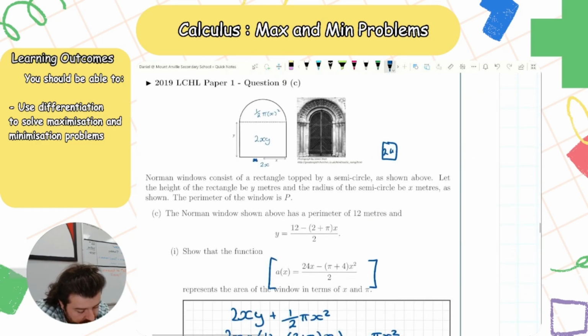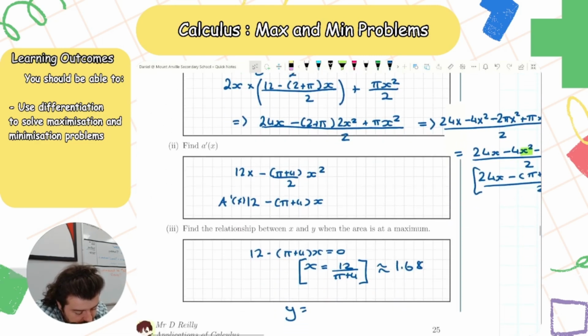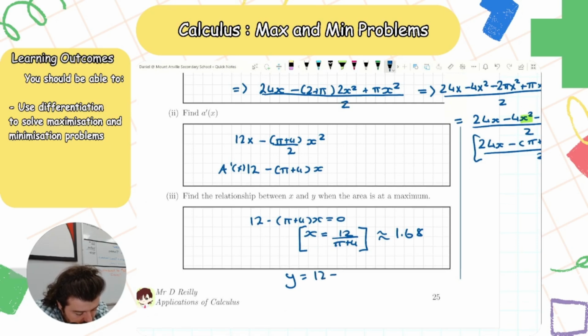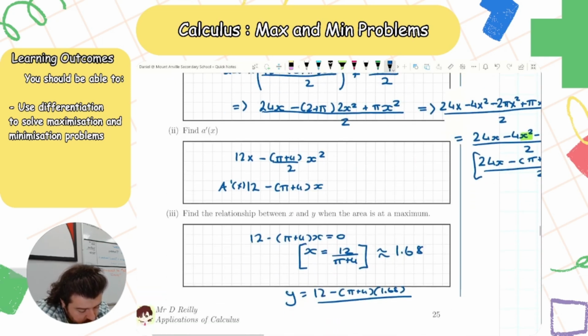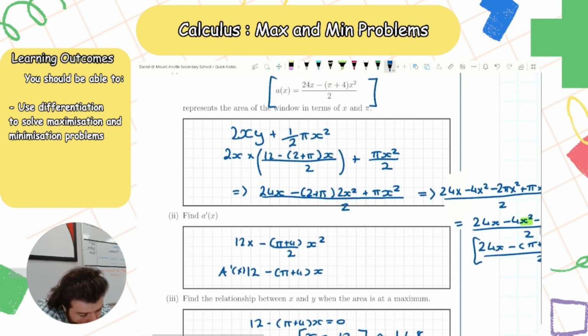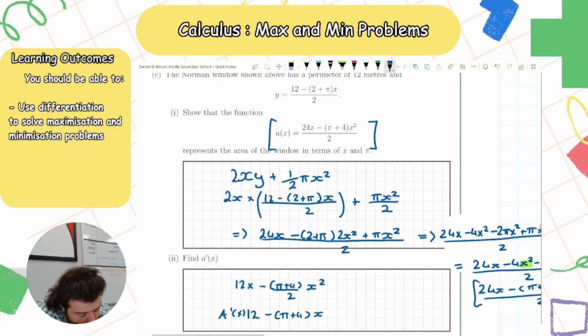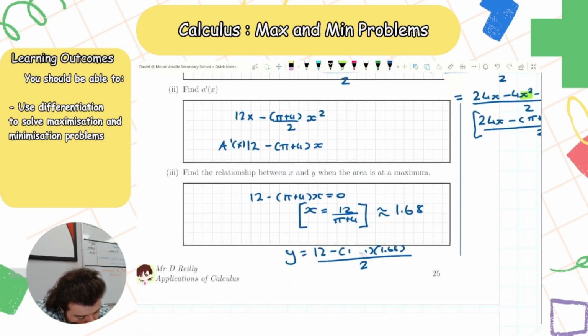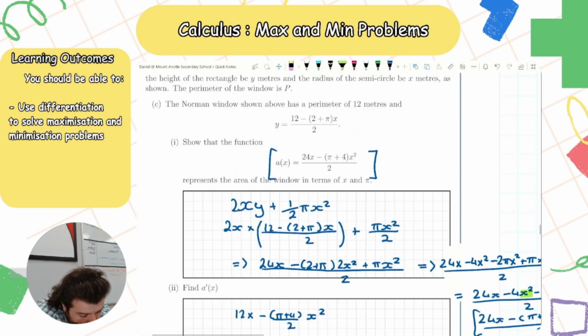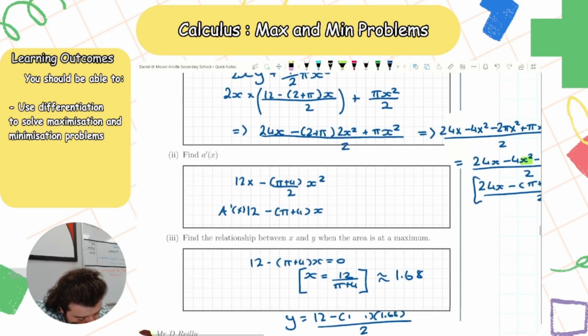And if you look here, for x equals 1.68, let's find what y is. y is equal to 12 minus pi plus 4 times 1.68, all over 2, minus 2. It's minus 2 plus pi, is it? Yeah, minus 2 plus pi.